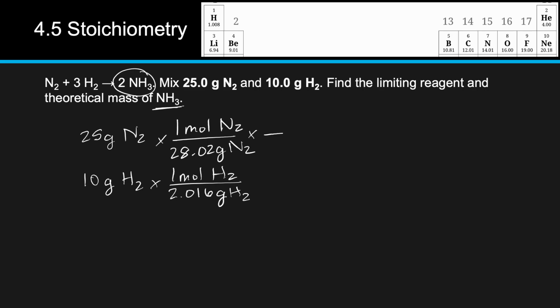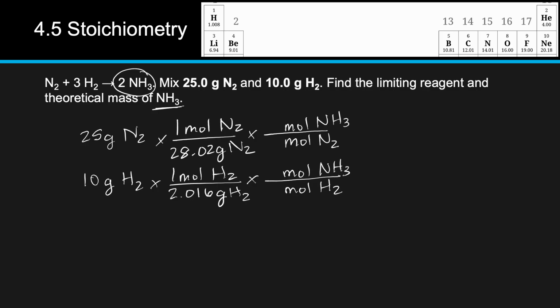Now that I'm in moles of my reactants, I can go into moles of my product using the mole ratio. So I want to get rid of my reactants, and I want to go into the same product. In this case, there is only one product, so that makes it nice and easy.